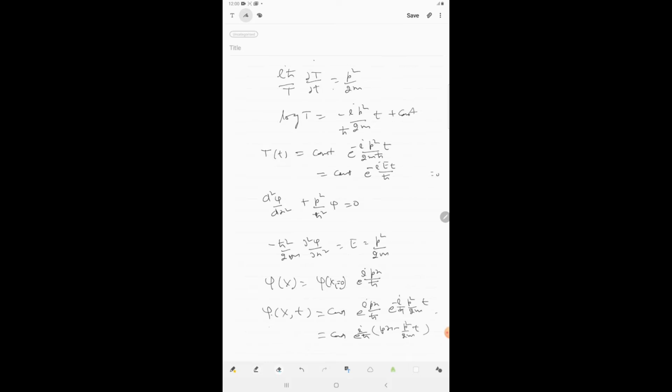So the general solution of this equation becomes the superposition of all these functions.